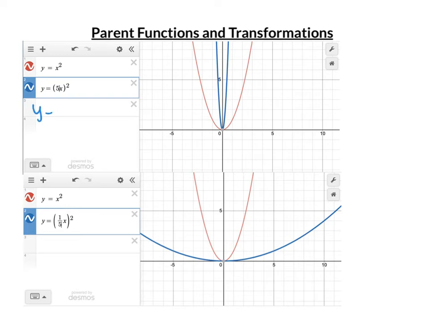Here we can see on the graph, if I look at this as y equals 1 over b times x squared, my b is actually 1/5. And because that's less than 1, think of the horizontal, they're going to call this horizontally a compression. So let's look at this. Horizontally, remember, things are being pushed in.